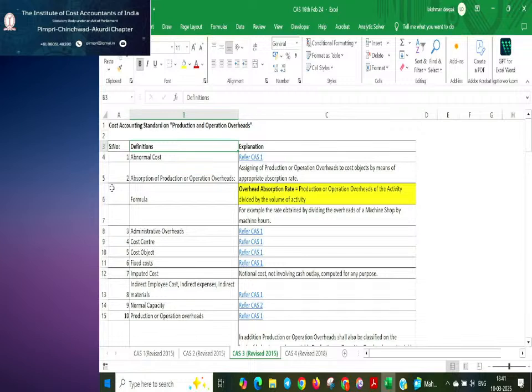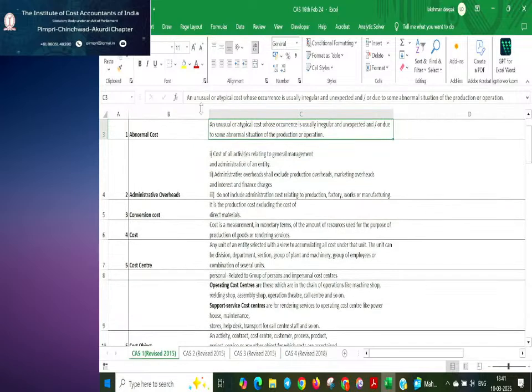Here, mostly the definitions are the ones which we have gone through in cost accounting standard 1. Cost accounting standard 1 is very important from the perspective of definitions, what each and everything means. For example, what is an abnormal cost? Cost accounting standard 1 says it is an unusual or atypical cost whose occurrence is usually irregular and unexpected.